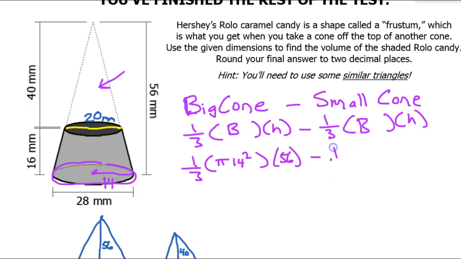So here comes the small cone. 1/3 area of the base times the height. The area of the base for the small cone, again pi r squared, but the radius is 10, right? Because the diameter was 20, so the radius is 10. So pi r squared becomes pi 10 squared times height.